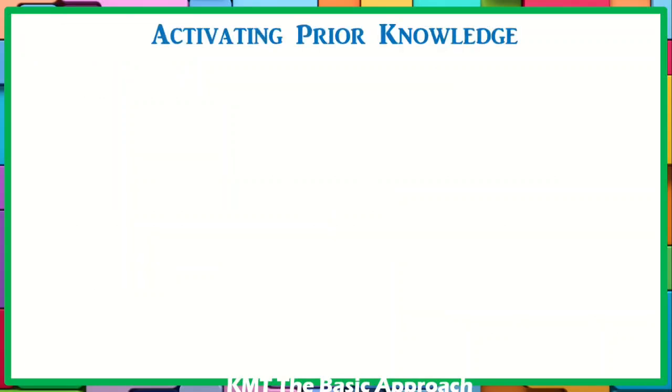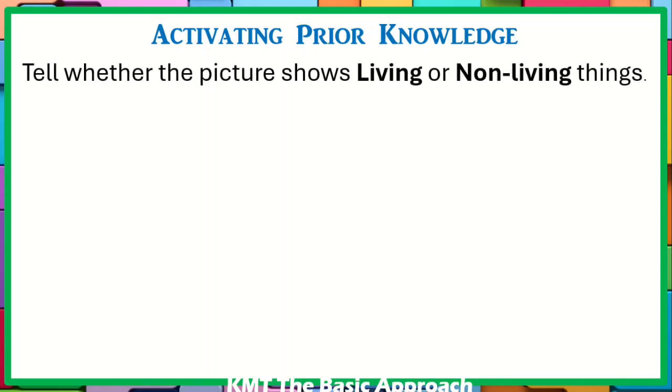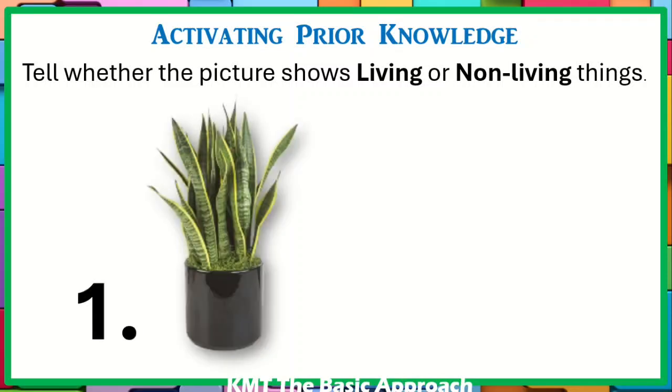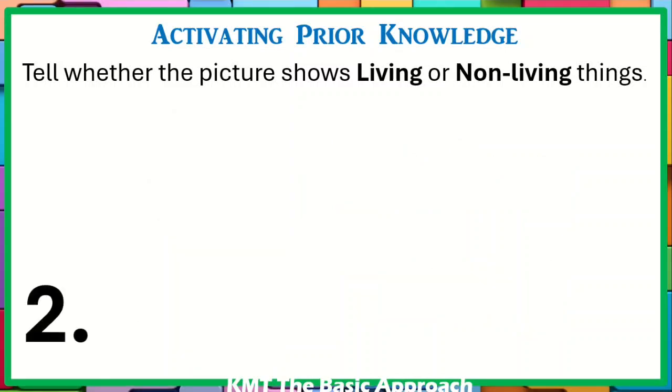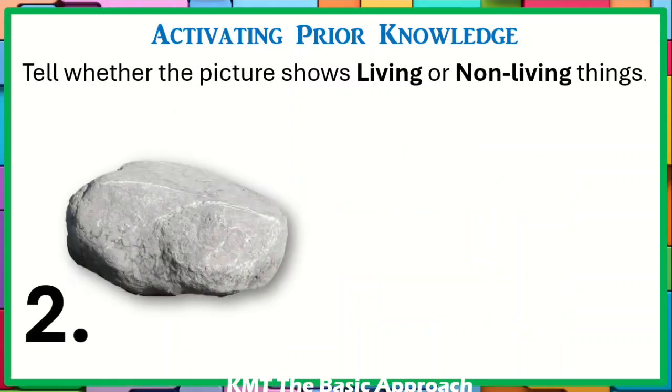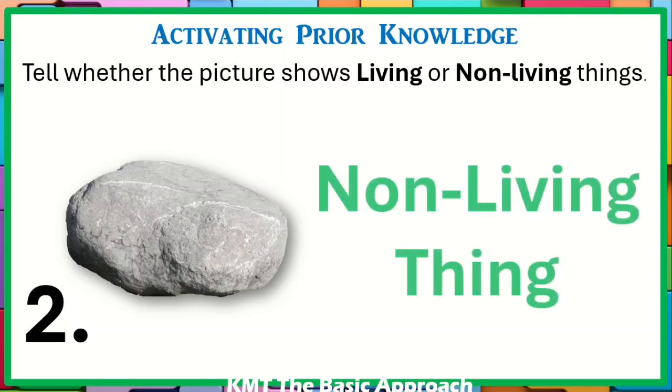Activating prior knowledge. Tell whether the picture shows living or non-living things. Number 1. Very good. Living thing. Number 2. Good job. Non-living thing.